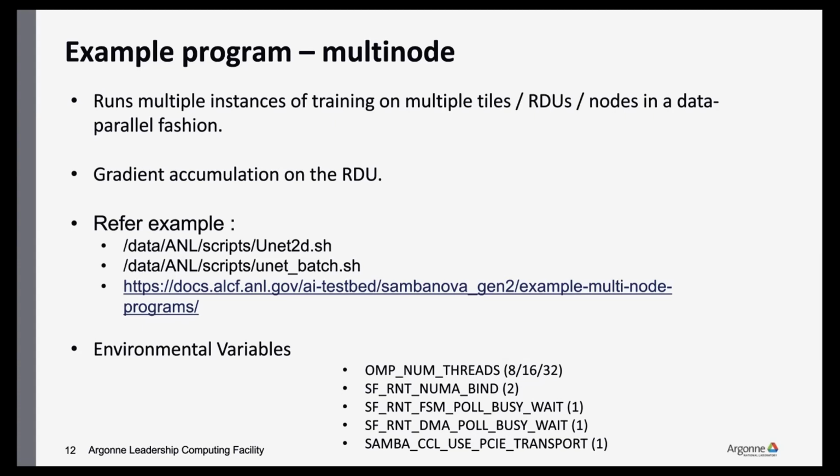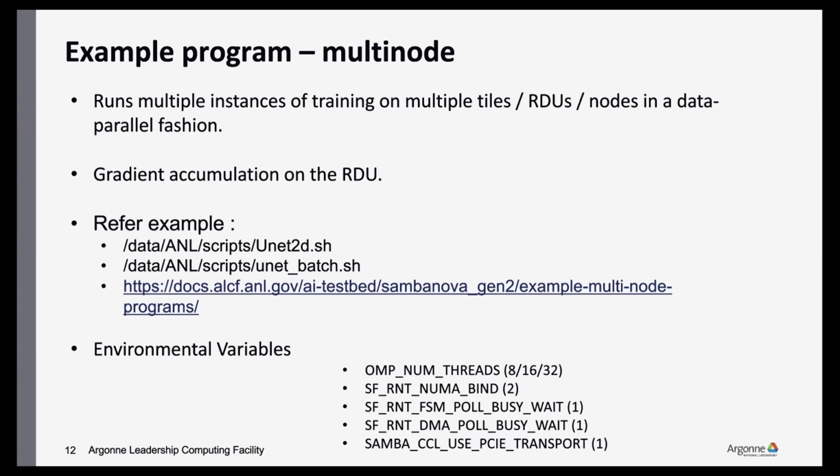The scripts are already present in the same directory where most of the other application scripts are provided, which is under /data/ANL/scripts. Or you can also use the ALCF AI Testbed documentation, which has the steps that you can follow.